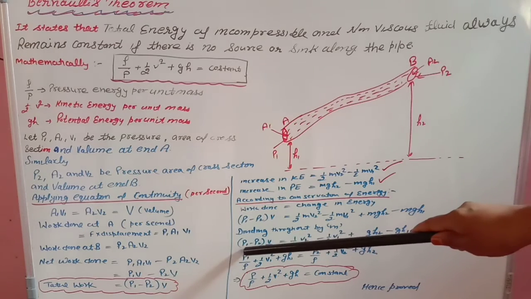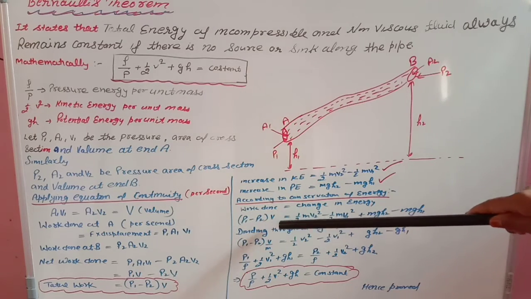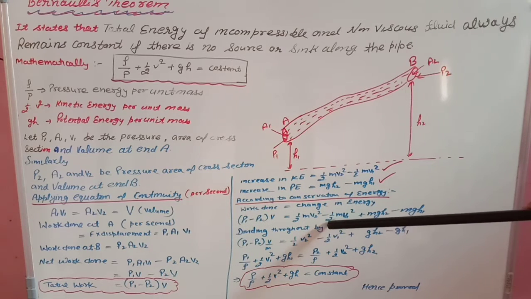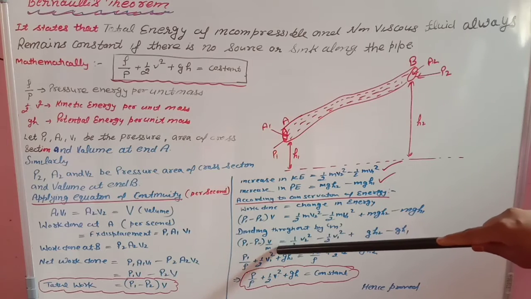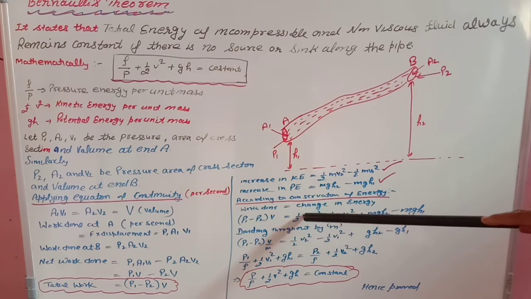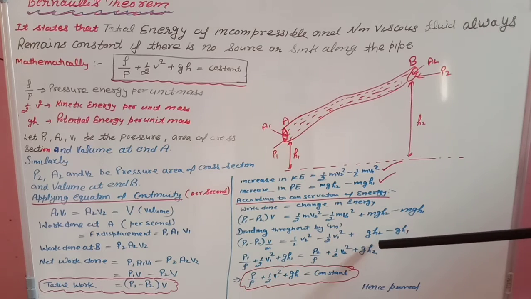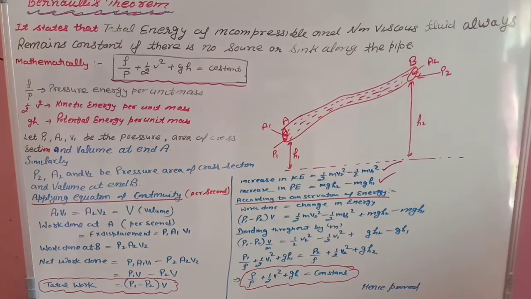Work done is (P1 minus P2) V, and change in energy is half m v2 square minus half m v1 square plus m g h2 minus m g h1. Dividing throughout by m, it will be V upon m. Here m will cancel with m in all terms, which means the m gets eliminated from all terms.